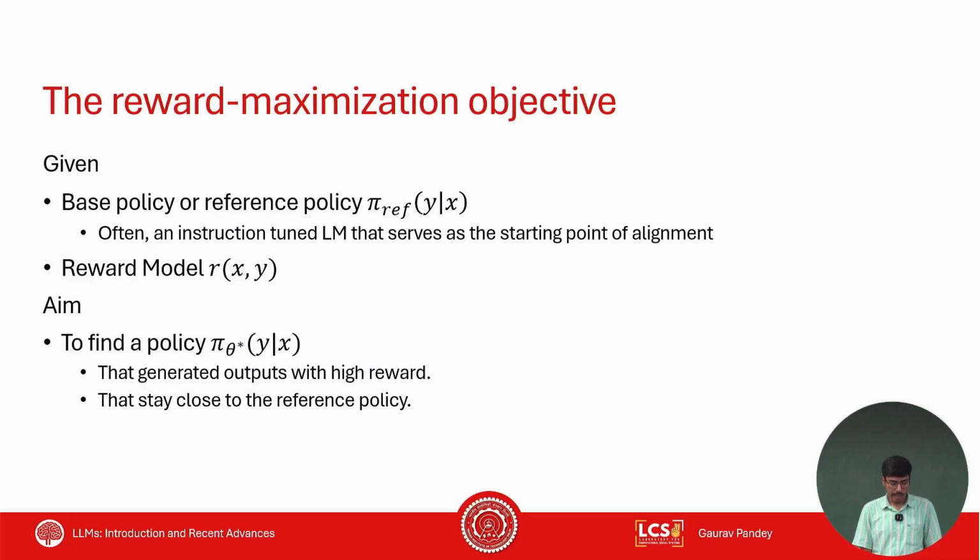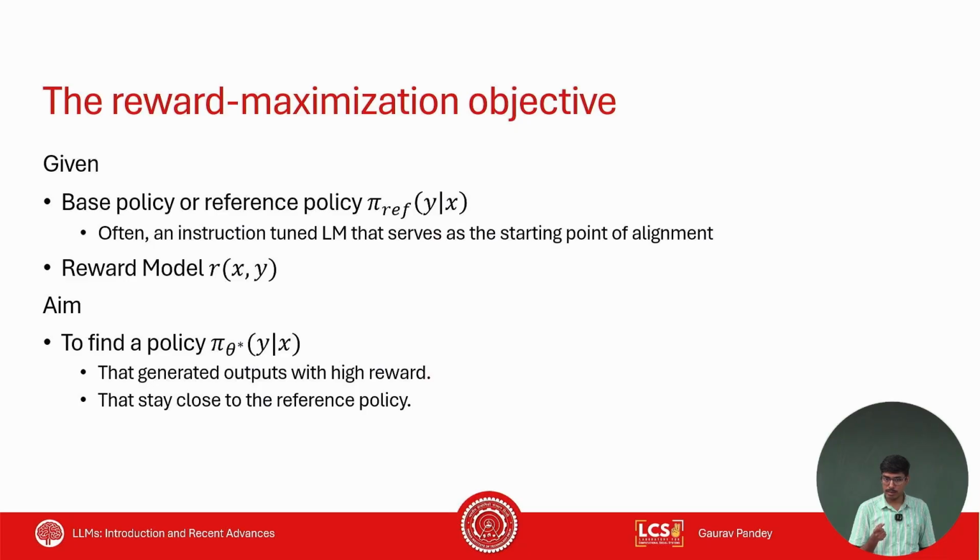Another point is that generating high reward outputs is not sufficient, and we'll talk about why. The idea is that the reward model you're going to train with is not a perfect reward model. It has been trained on some preference data that was available to you, so it also picks up a lot of noise.